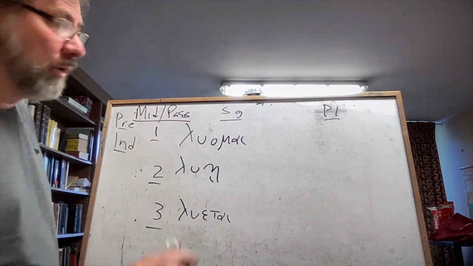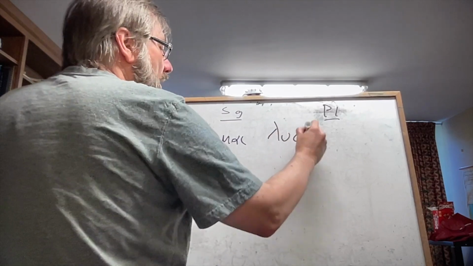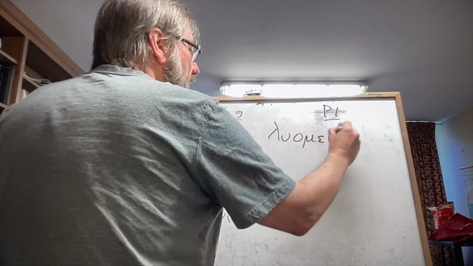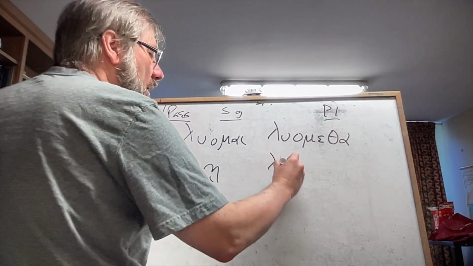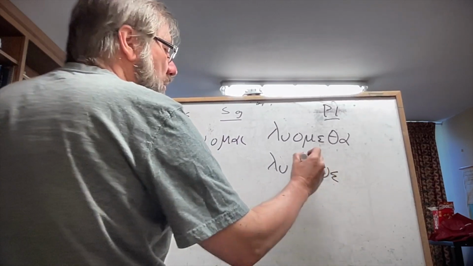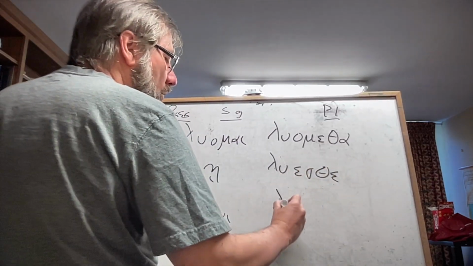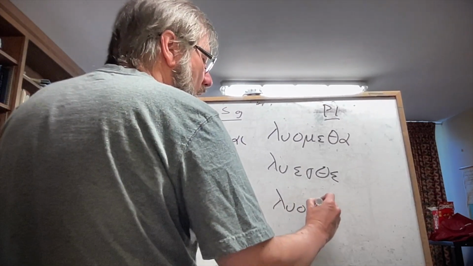Let's go over and look at the plural forms. So it's luometha. Okay, luometha, luesthe is the second plural, and luontai, it's a nu, omicron, nu, tau, iota.